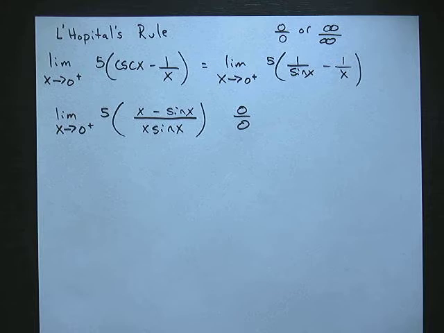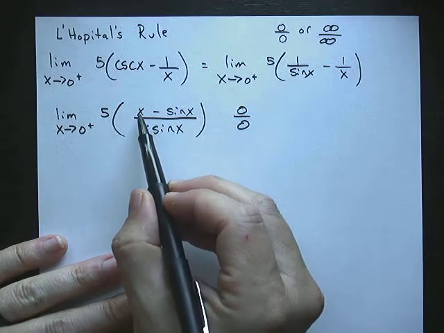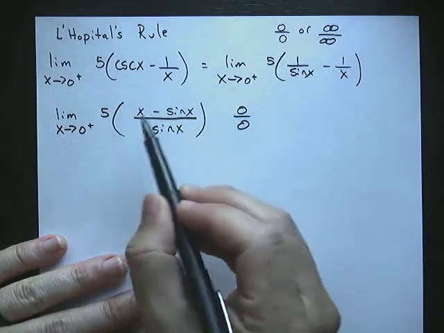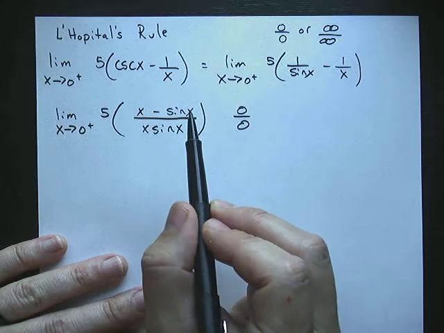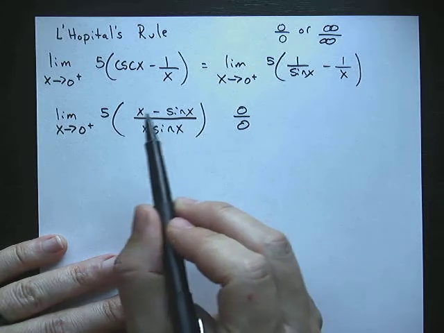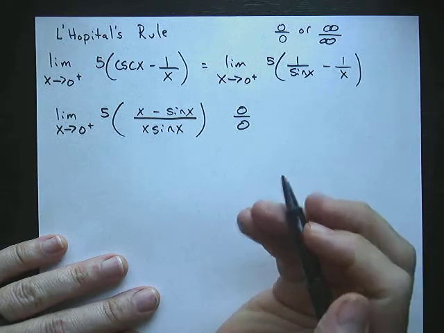What L'Hopital's rule says is that you take the derivative of a fraction that's in this form, but you have to take the derivative not with quotient rule, even though this is a quotient. We'll take the derivative of the top as if it's completely by itself. We'll call that f of x. And the derivative of the bottom, we'll call that g of x.